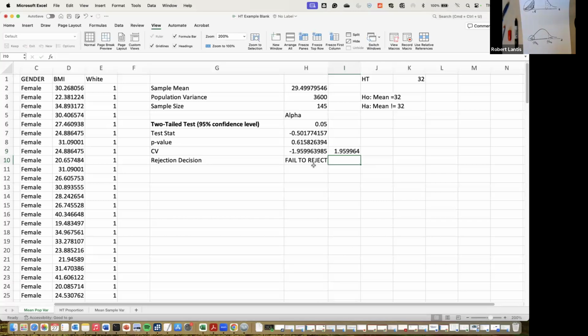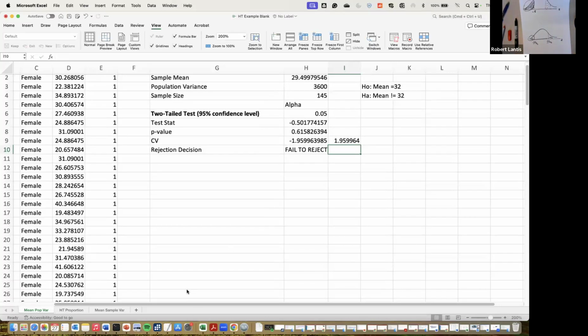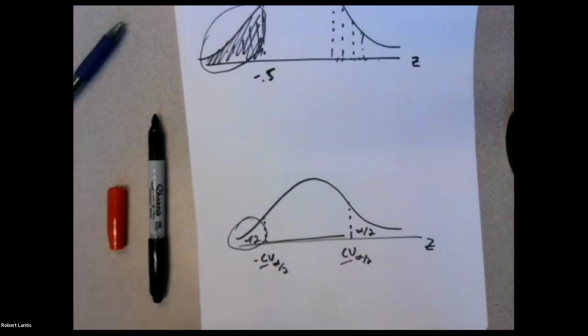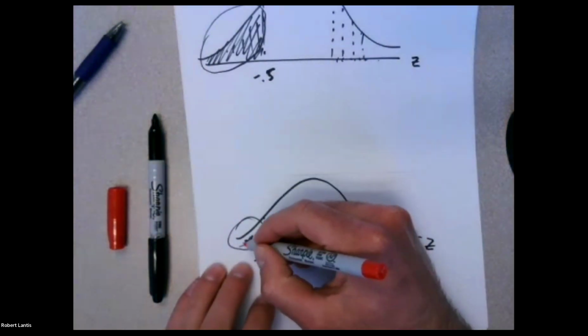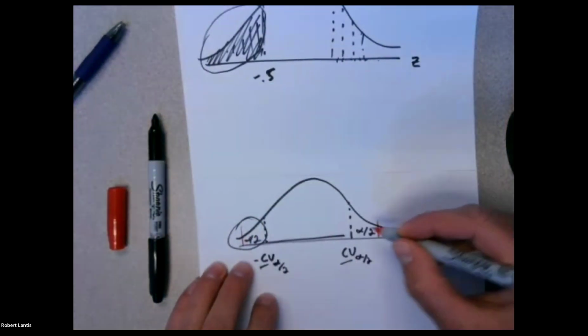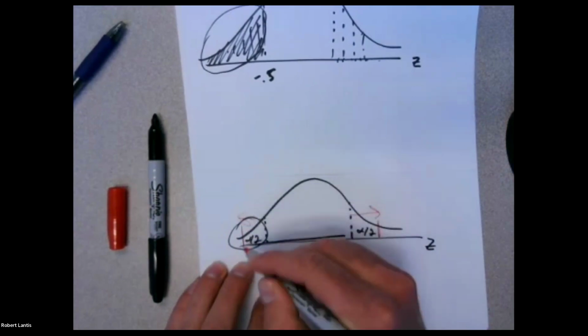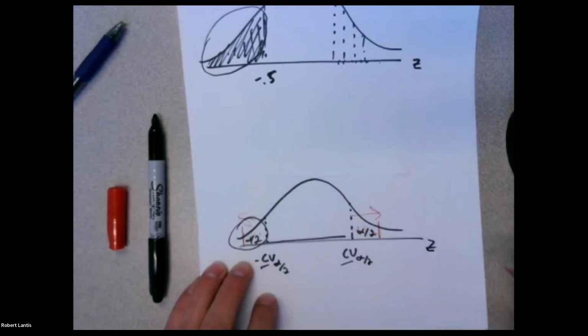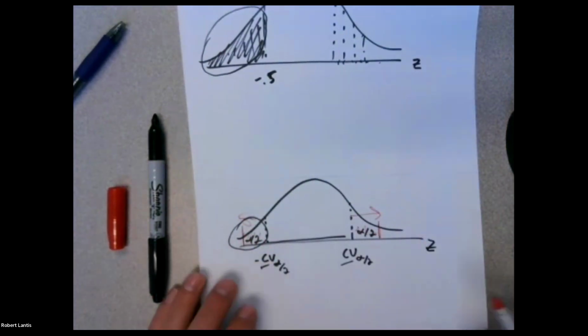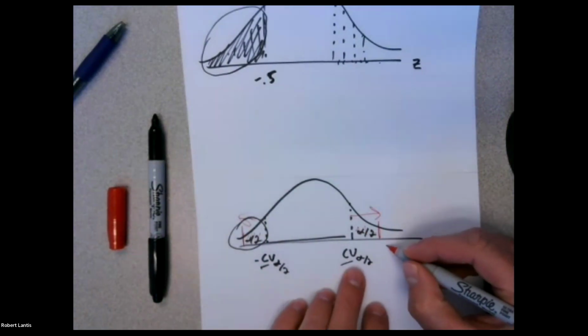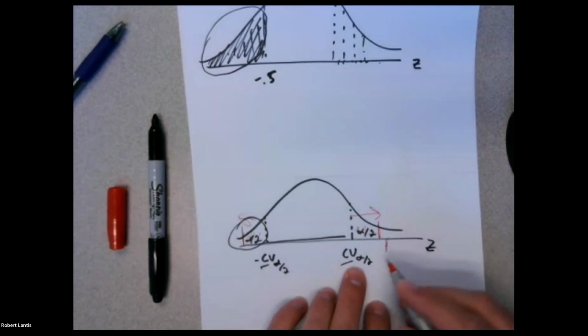All right. So it gets a little bit trickier if I want to make my rejection decision using the critical value approach, because what I'm looking to see is whether this test statistic is somewhere in this range. Here's my rejection region. If my test statistic is anywhere over here, I should reject. So what is that really saying? Well, I could find a test statistic that's positive, in which case I'd reject if it's greater than the critical value.